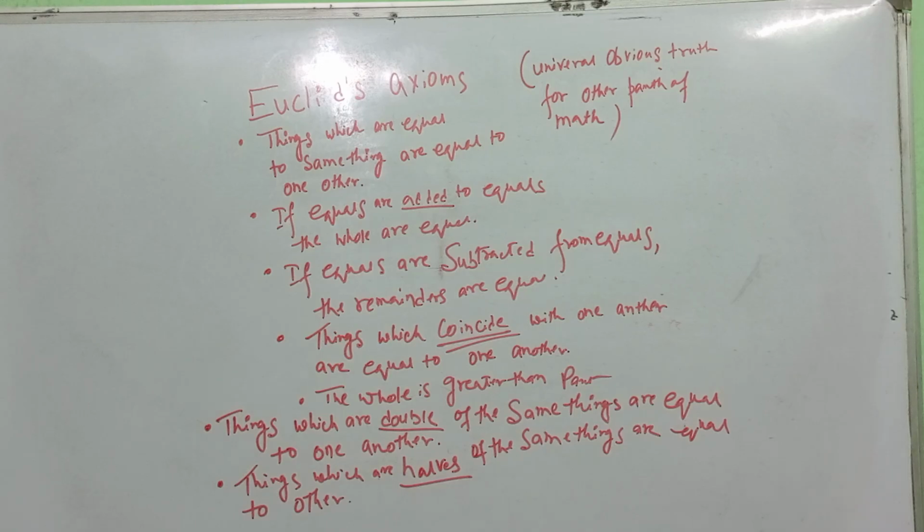You just go through that, because sometimes in school or in exams they give a short question: what are Euclid's axioms and what are the postulates. So you have to study that, and we apply all these 7 axioms and 4 postulates in the next class when we do the exercise.